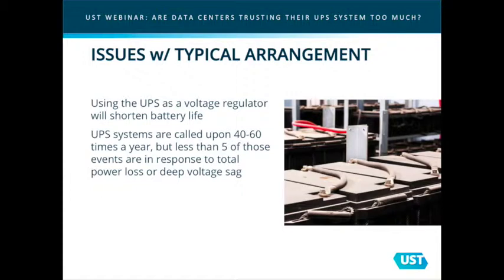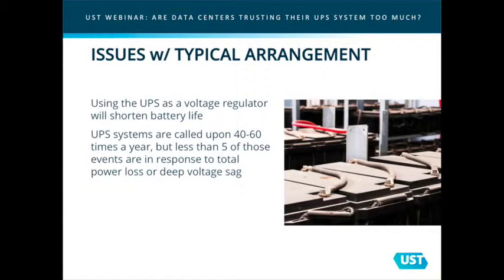So a lot of events are occurring out there, and it's taxing your UPS to make sure that your load is protected, but you're using the UPS as a power conditioning device to handle events that there might be a better alternative for.